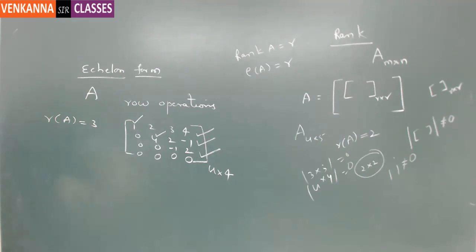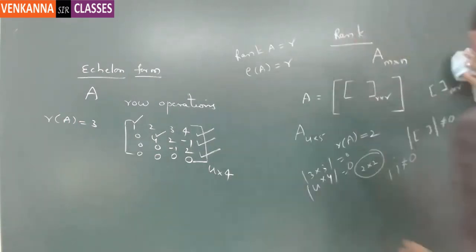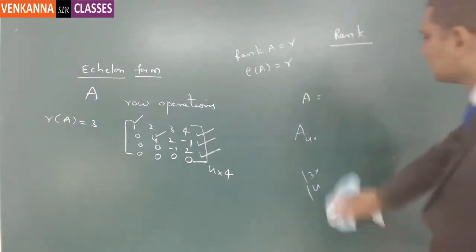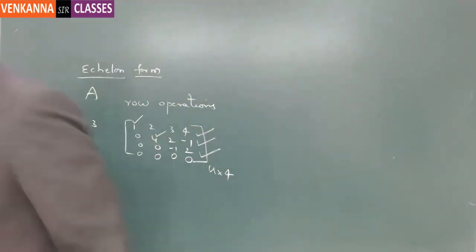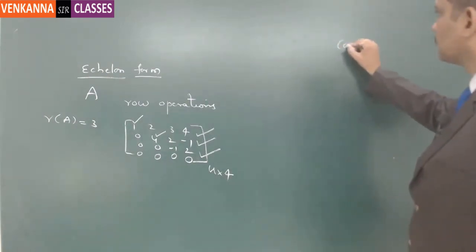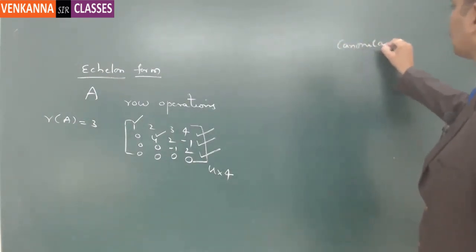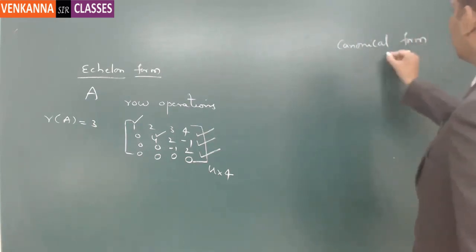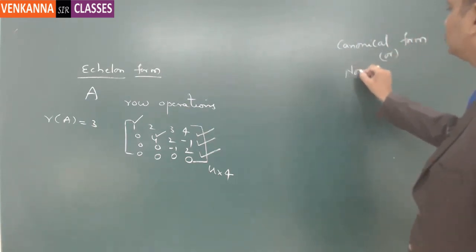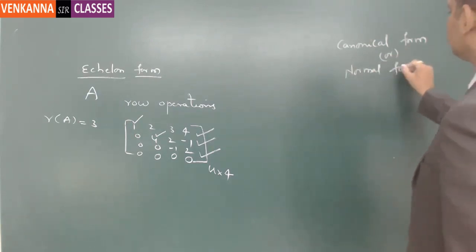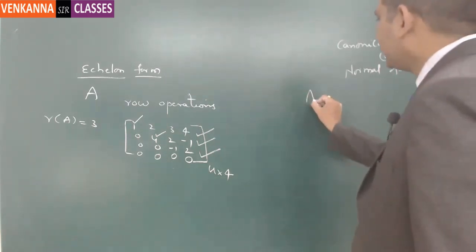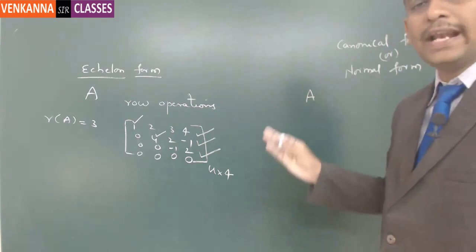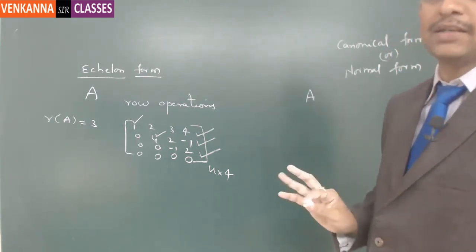Right. One interesting thing here is there is another method. We call it canonical form or normal form. So what does it mean? You take the matrix A, a rectangular matrix or square matrix, that is up to you.